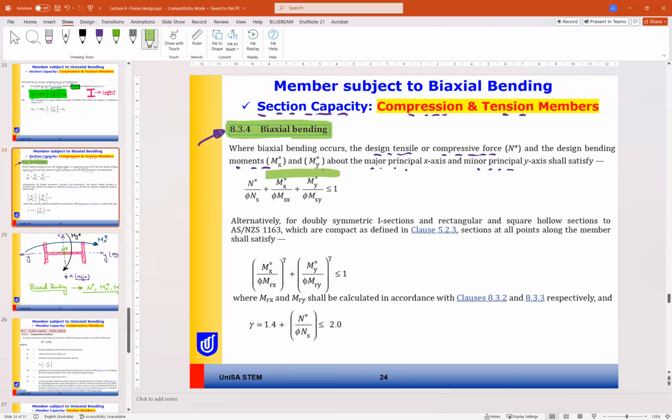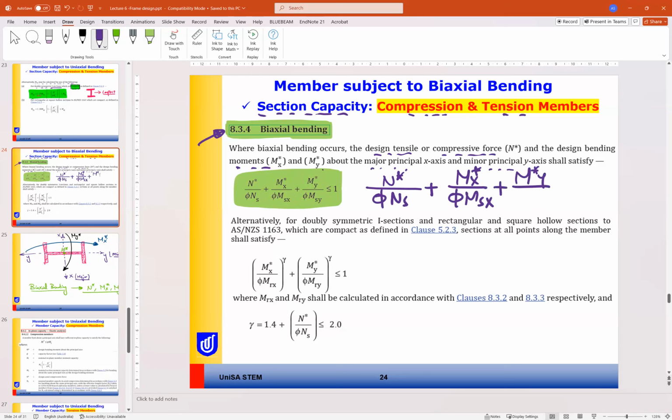So here we have a formula that includes the three straining actions: N asterisk divided by phi N_s, this for axial, plus M asterisk x divided by phi M_sx plus M asterisk y divided by phi M_sy. All of this should be less than or equal to 1. So we are considering all the straining actions in one formula here.